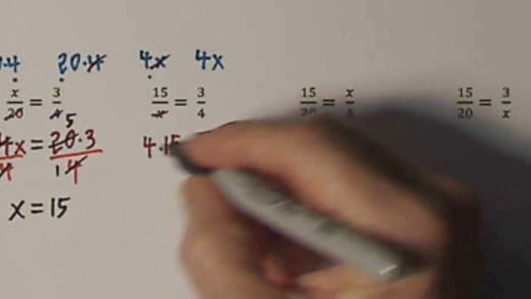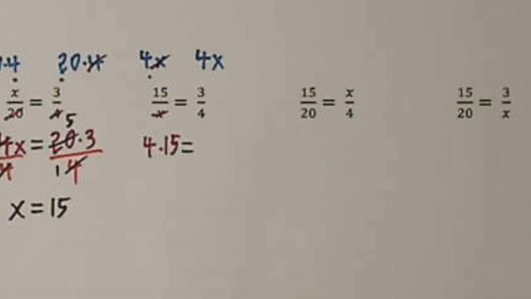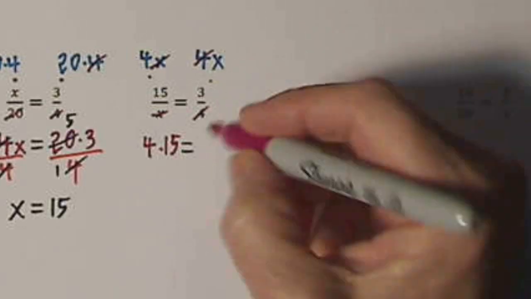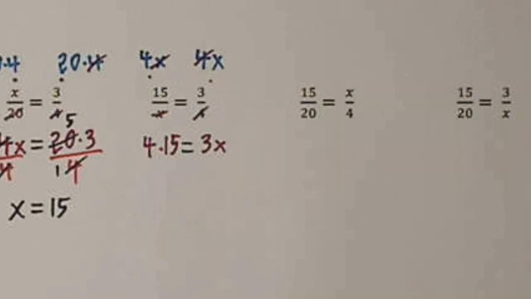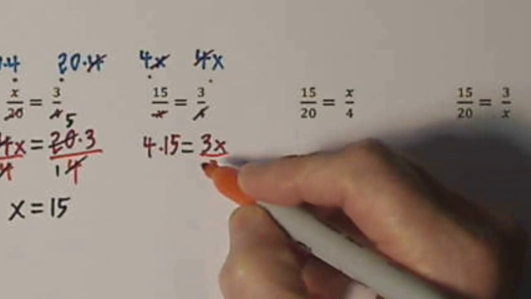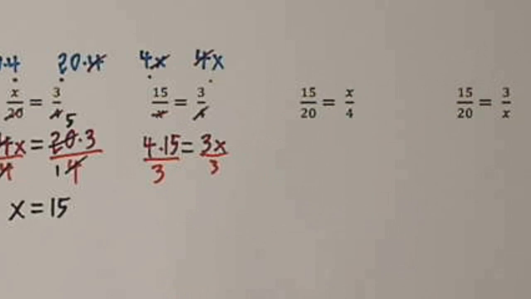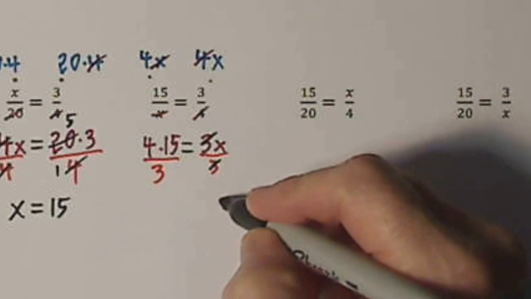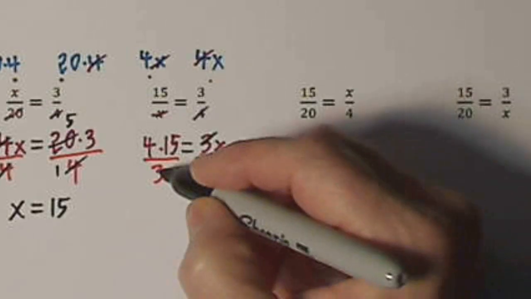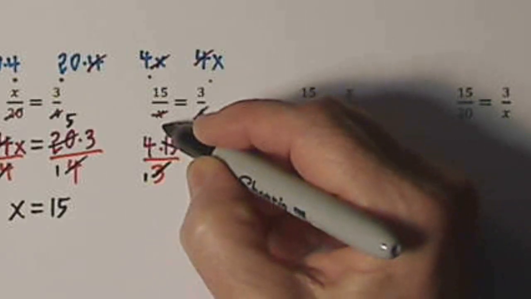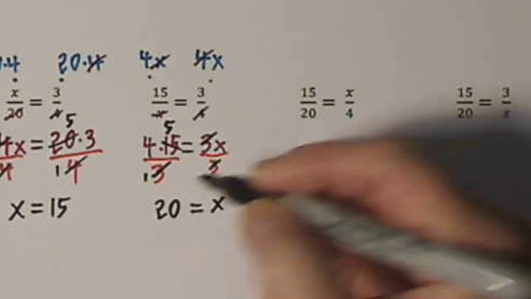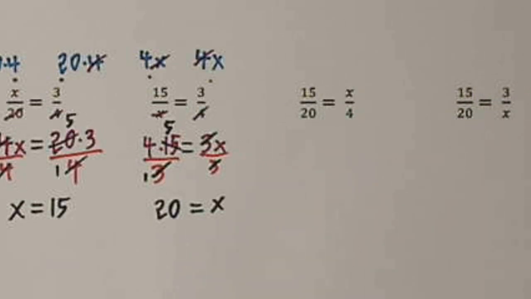And again, I could multiply that together, but I'll keep them separate for now. And then 4 goes into 4 once, you just have 3 times x. Now you want x by itself, so divide by 3, divide by 3. 3 goes into 3 once, so you have x equals, and 3 goes into 15 5 times. 4 times 5 is 20. Alright, that's the second one.